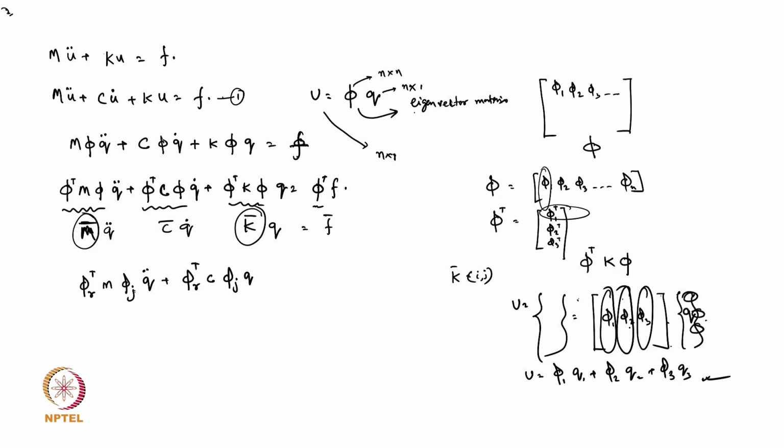So that is my Q. So I am able to write U this way, just to look at some particular elements and see what is happening there.